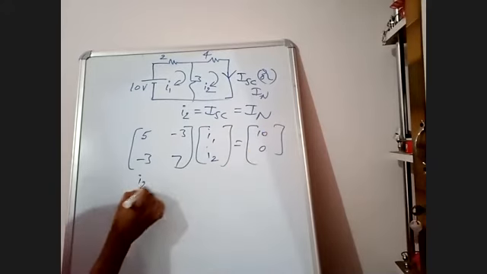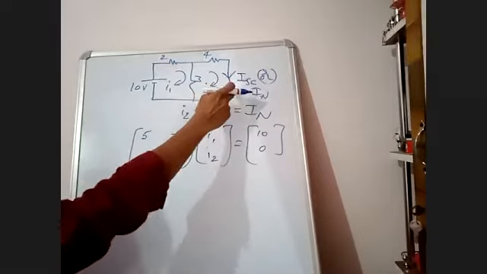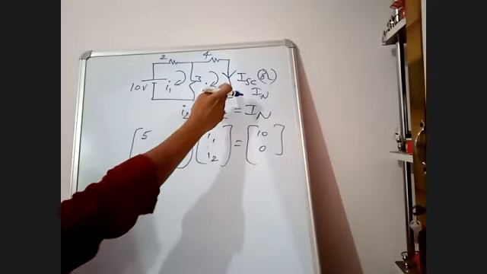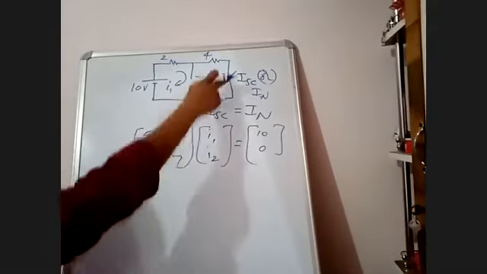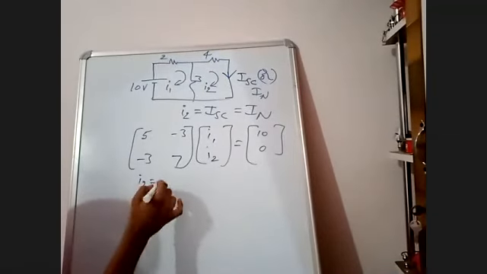Now I want I2. I don't want I1 because I want the current only in this branch, ISC. I2 is equal to ISC.